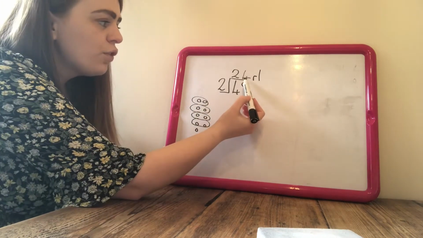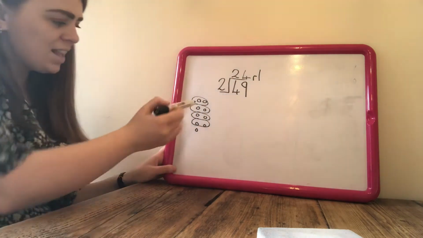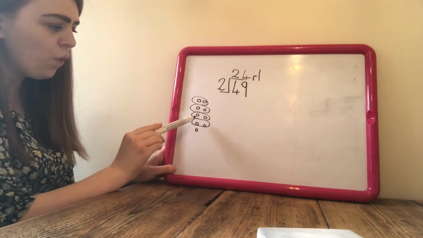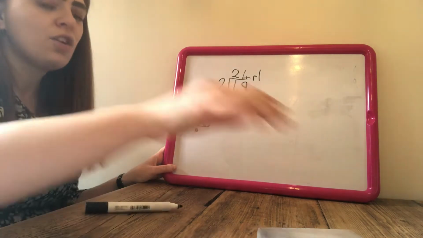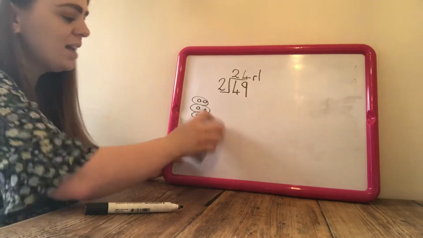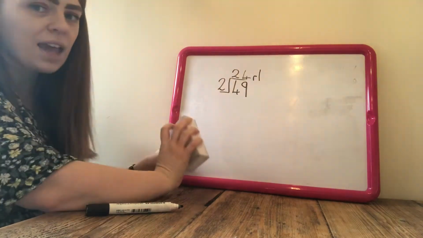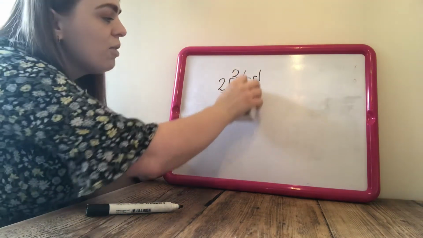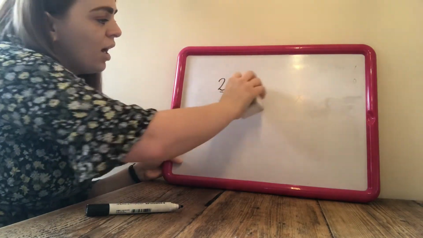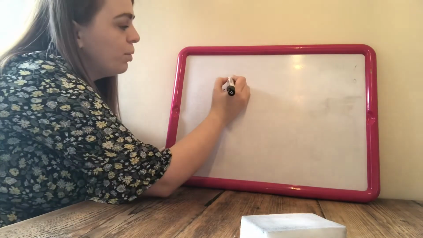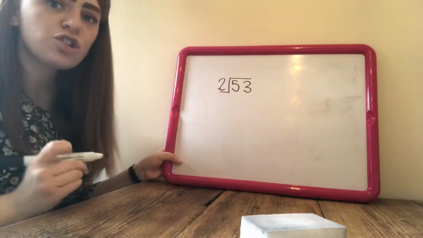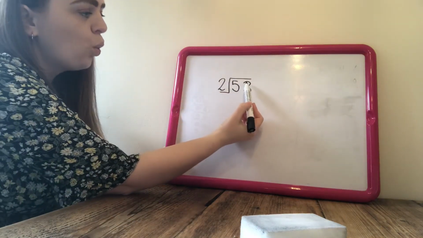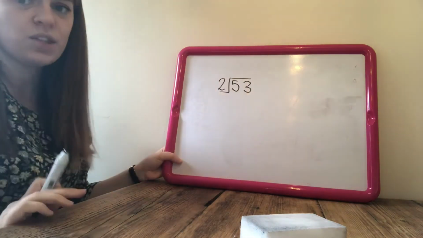So you can see that I've written 4 remainder 1, and I managed to get 4 groups of 2 with 1 left over. Right, let's go on to another example now, and I hope this is helping you to see how it makes sense. This time we're going to do an example that has mixed remainders, remainders that go over to the units and at the end of the sum.